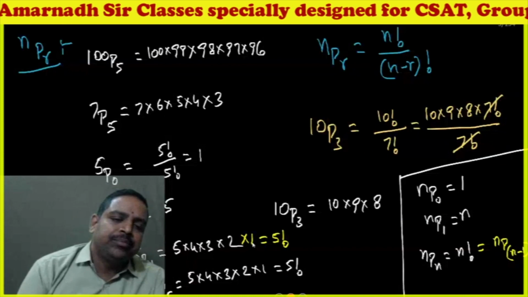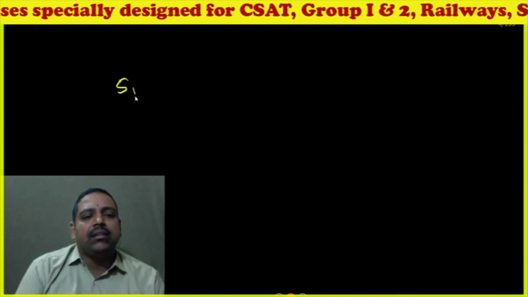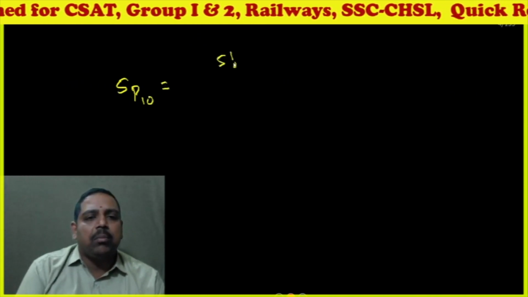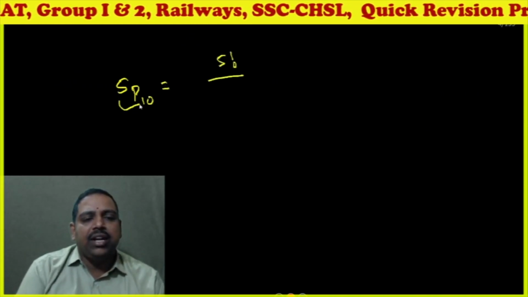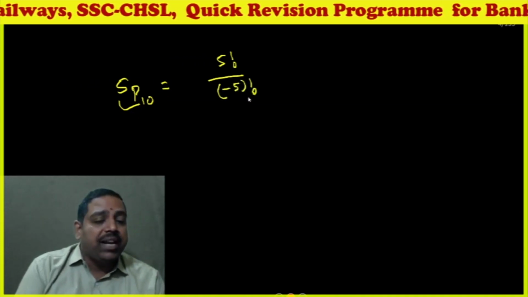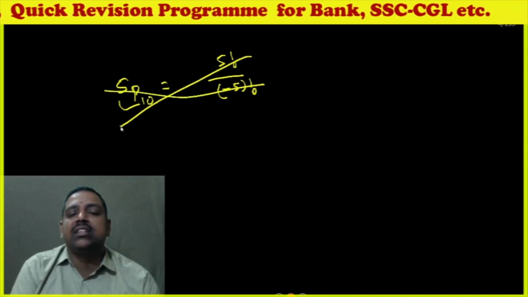And remember one thing, at any place if he is asking about 5P10, okay, suppose if you go with the formula 5 factorial by (5 minus 10) factorial, right? 5 minus 10 is minus 5 factorial. Tell me, does minus 5 factorial exist or not exist? Does not exist. That means 5P10 doesn't exist.